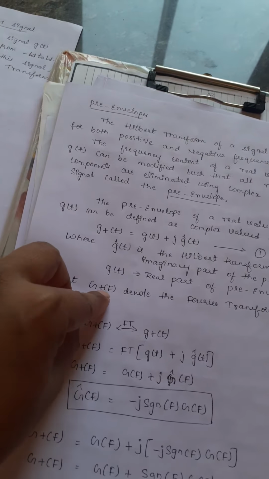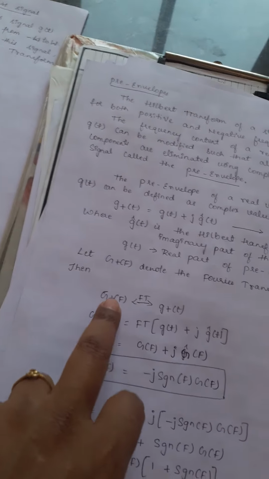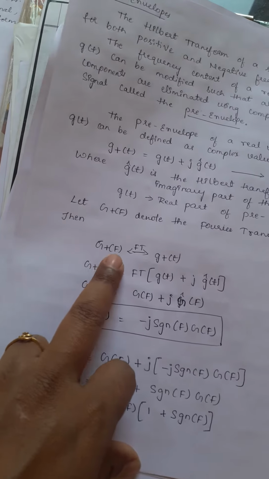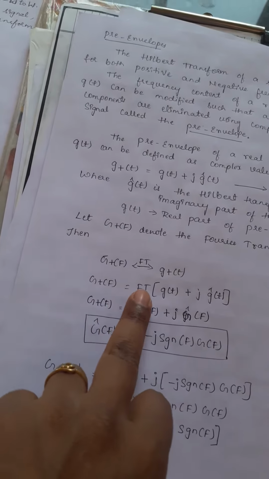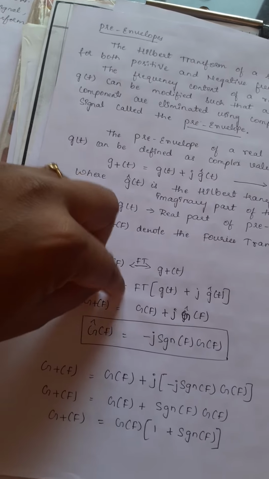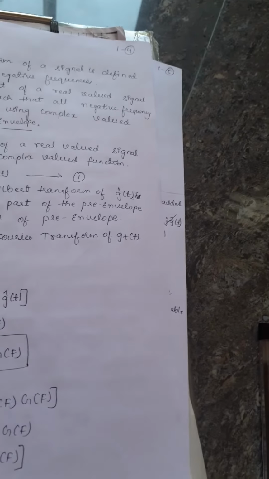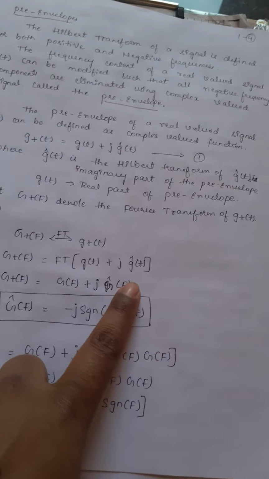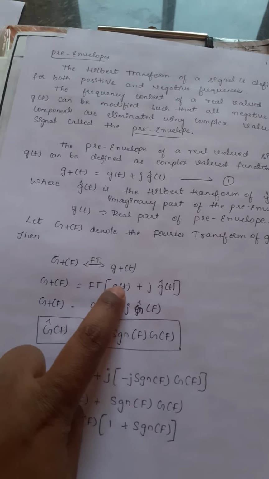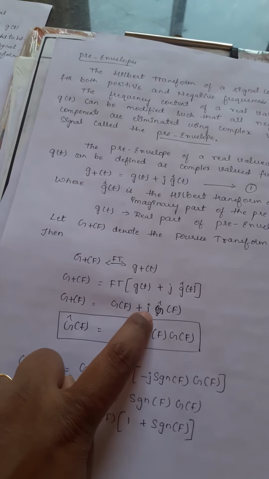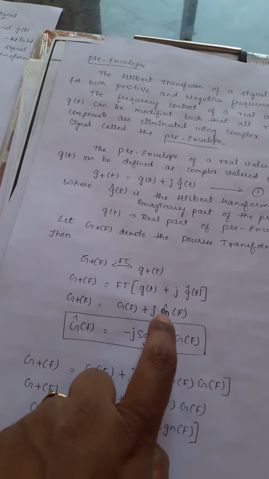If we apply the Fourier transform to the signal g plus of t, we can write it as g of t plus j g cap of t, where G plus of f equals the Fourier transform of g of t, which is G of f, plus j times the Fourier transform of g cap of t, which is capital G cap of f.